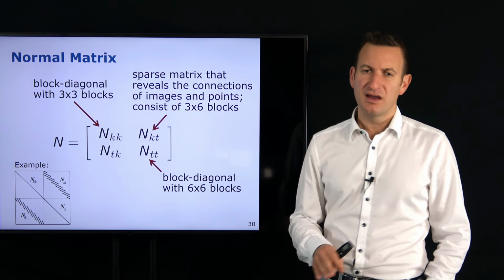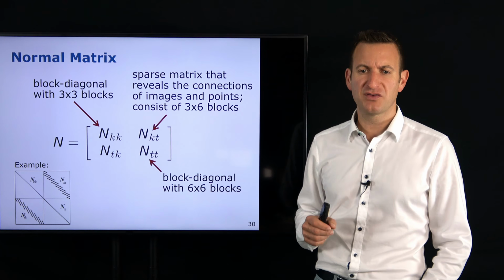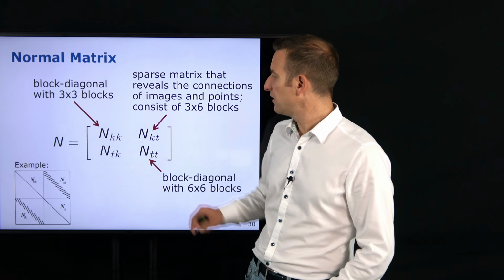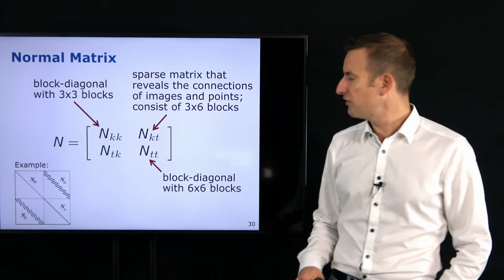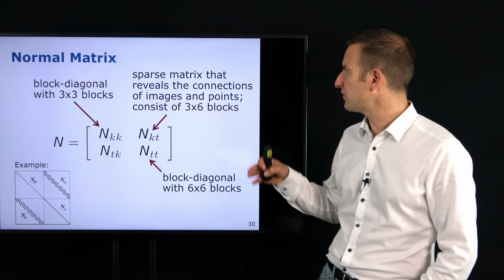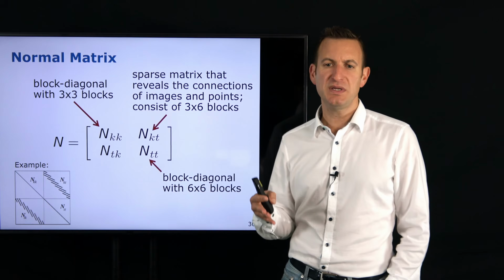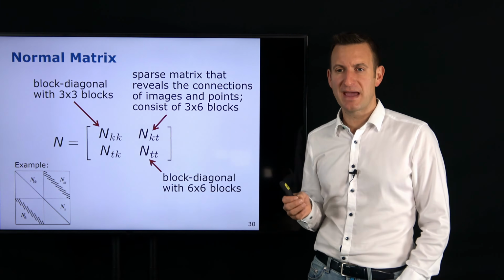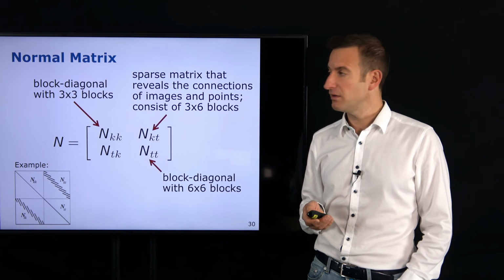Similarly, NTT is a block diagonal matrix with 6x6 blocks encoding the camera orientation parameters. And this matrix over here consists of several 3x6 blocks, and these are the connections between the points that I'm observing and the camera from which I'm actually observing these points.